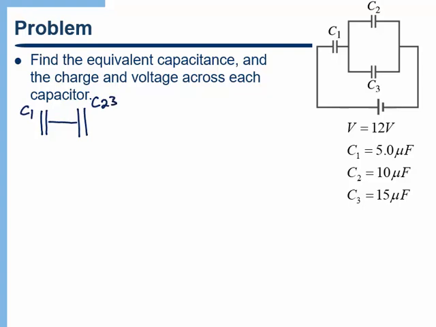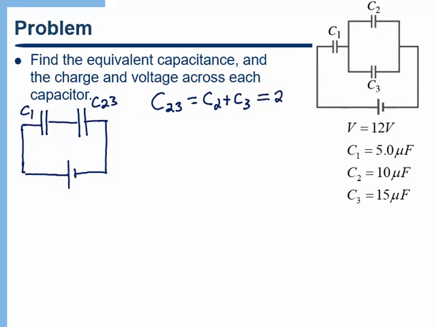So this would be the first of your equivalent circuits. Now, in order to do that, we know that when capacitors are in parallel, their capacitances just add. So C23 is just C2 plus C3. And when we do that, we get 25 microfarads.